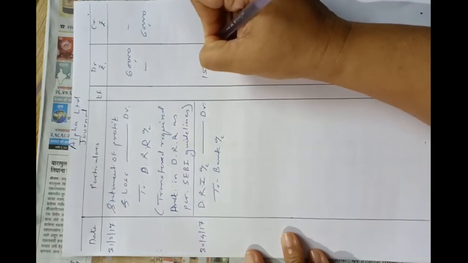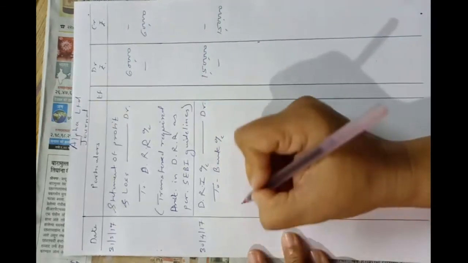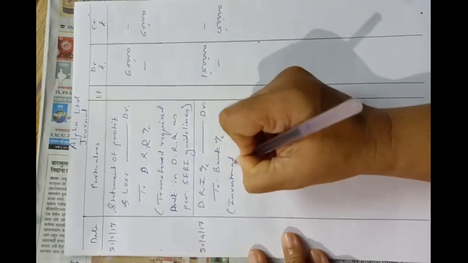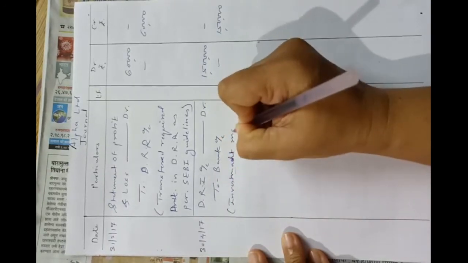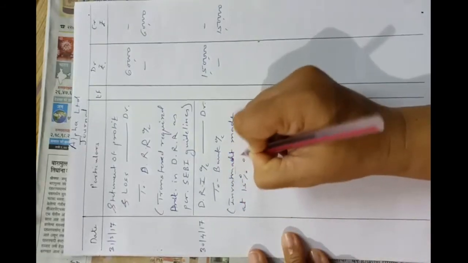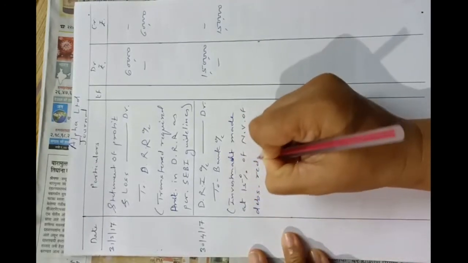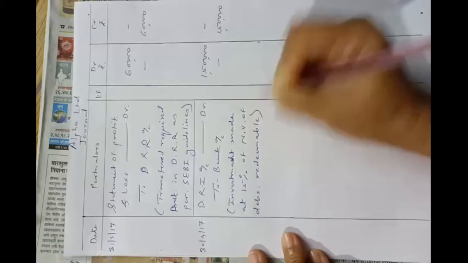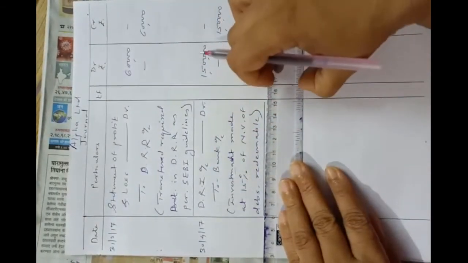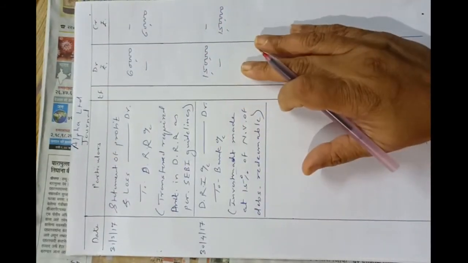So 1,50,000. Okay. Investment made at 15% of nominal value of debentures redeemable. Okay, so the debentures redeemable, 15% of that investment has been made.